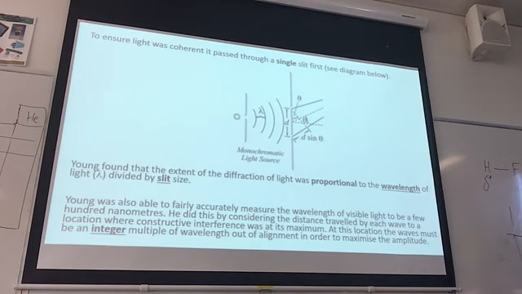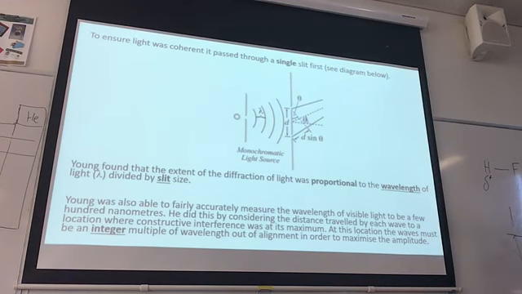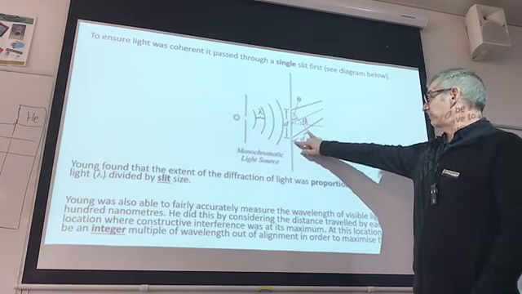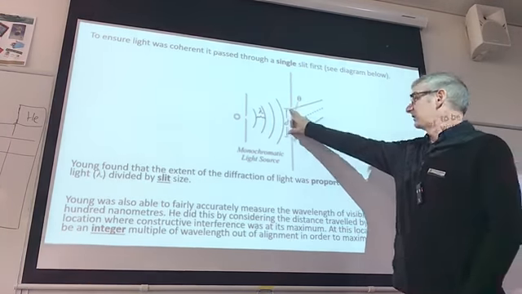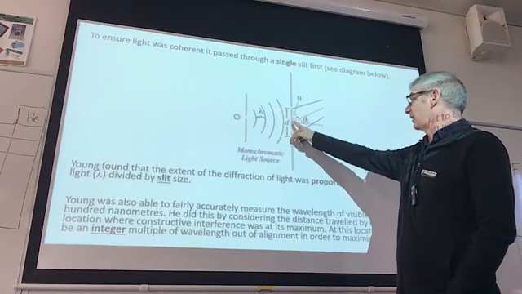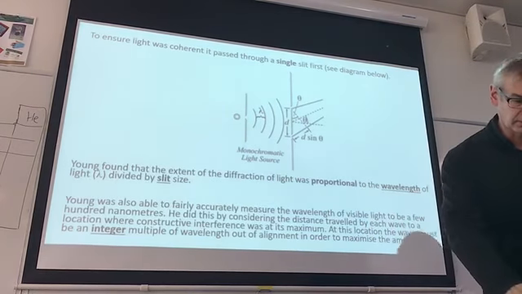So using the relationships, Young was able to work out the wavelength of the light pretty accurately. Considering that the wavelength is in the hundreds of nanometers, which is 10 to the minus 9, it's a pretty good effort. So it's basically using the path difference, which is d sine theta, where d is the distance between the slits and theta is the angle away from the centre, shown better on this slide.